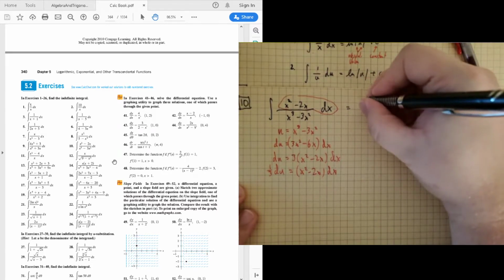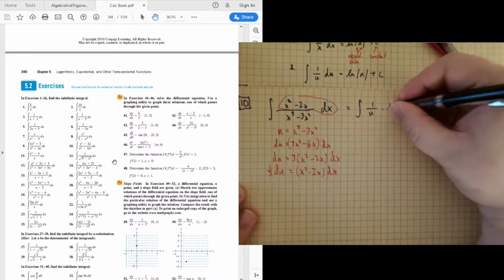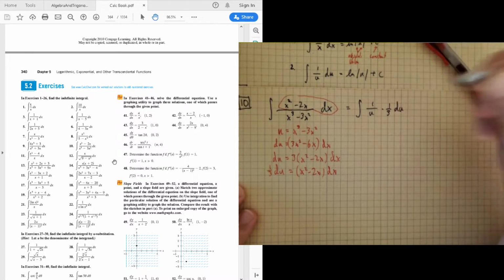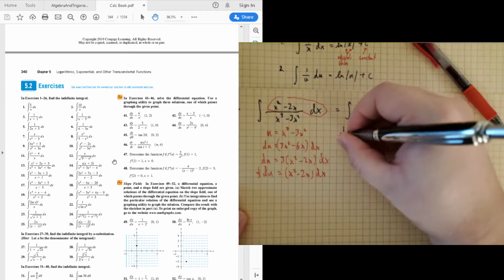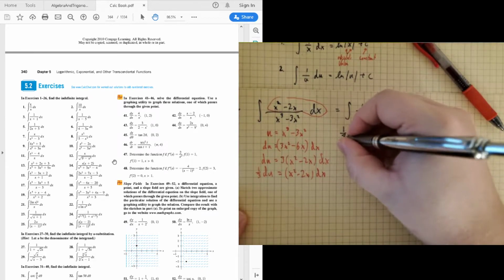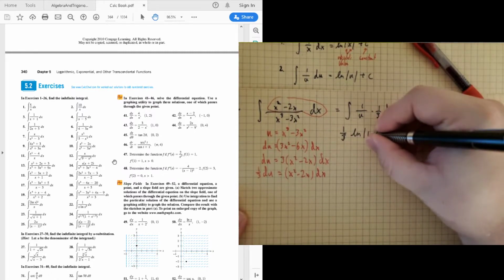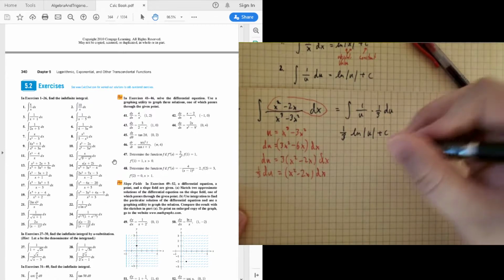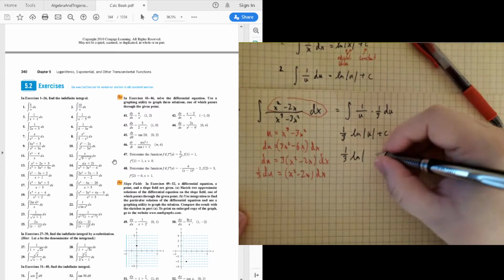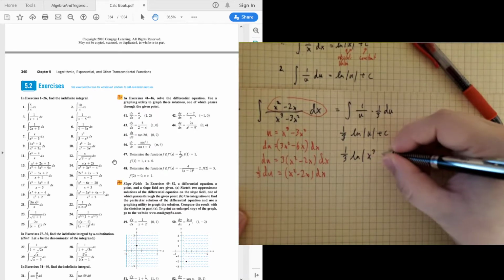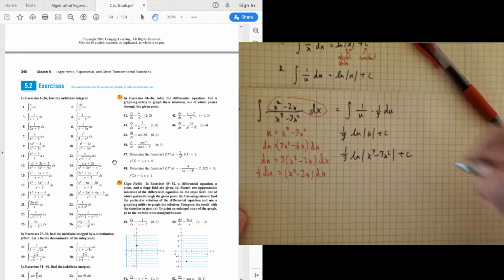Doing a substitution. Integral 1 over u times 1/3 du. And now I take the 1/3 out and perform the integration using theorem 5.5. So 1 over u becomes the natural log of the absolute value of u plus c, which becomes 1/3 natural log absolute value of x cubed minus 3x squared plus c.